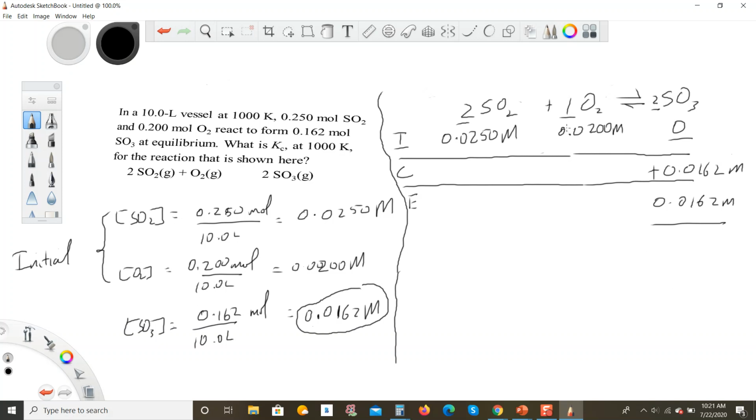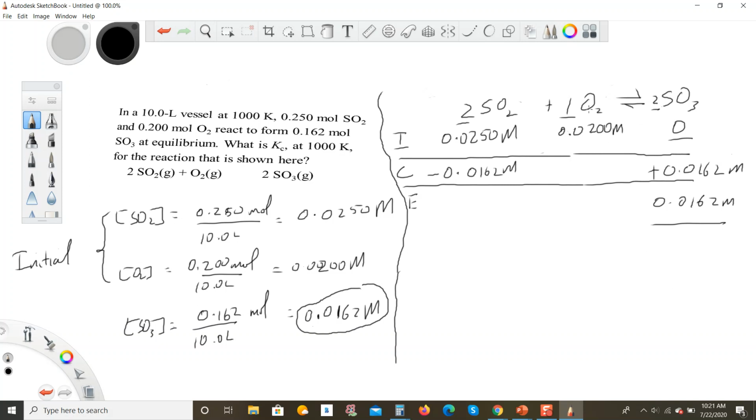So if the change for SO3 is plus 0.0162 and there's a 2 to 2 mole ratio between SO2 and SO3, that means that the change for the SO2 would be minus 0.0162 M. Of course, it's minus because the SO2 is reacting to form this amount of SO3.